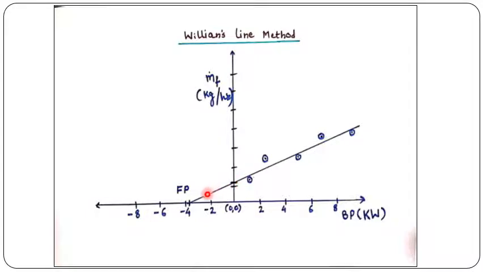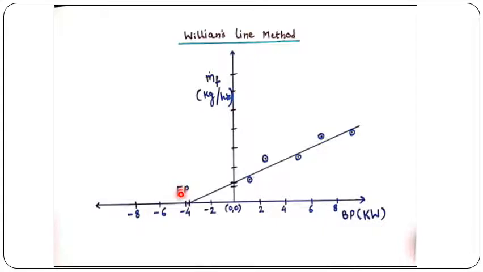Further, when you extend this line towards the negative x-axis, it will cut the negative x-axis, and if you choose the same scale in the positive x direction and negative x direction, you will get the friction power, which is the point at which the line cuts the negative x-axis.